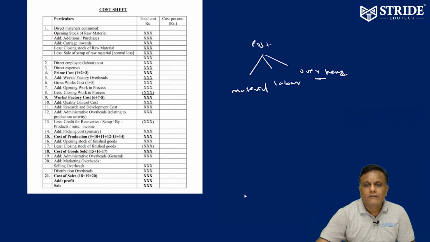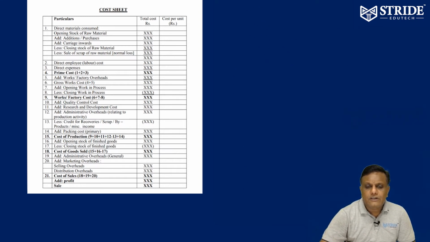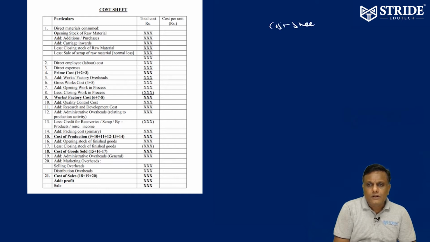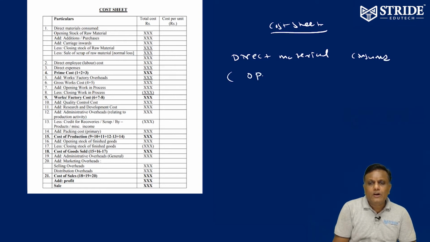First, cost sheet format. Direct material consumed is nothing but opening raw material, RM means raw material, plus purchase of raw material, plus carriage inward.